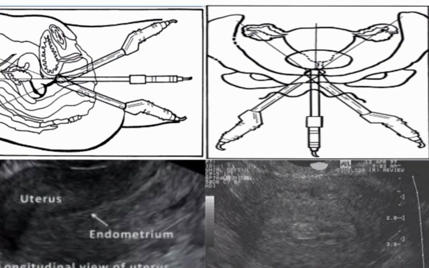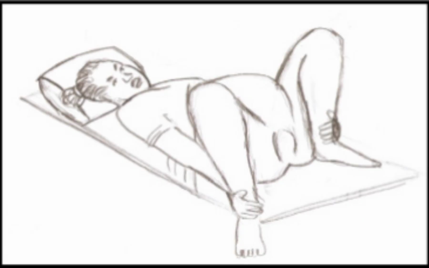If a regular flat table is used, the patient lies on her back with legs bent approximately shoulder width apart and the feet flat on the table. The position limits the vertical and horizontal movement of the probe, but usually permits evaluation of the pelvis.